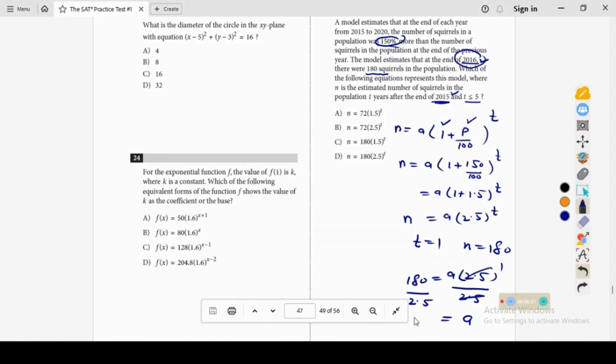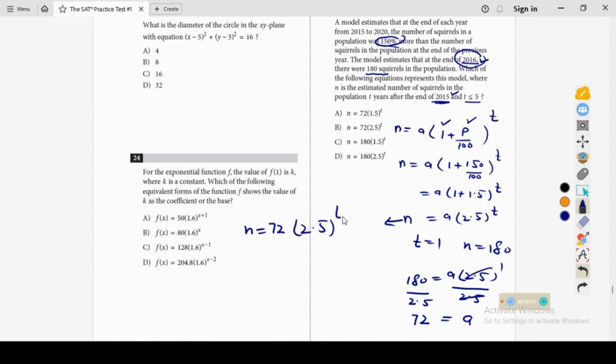So the value of a is 72. Now this equation becomes n equals 72 times 2.5 whole raised to the power t, so B is the correct answer.